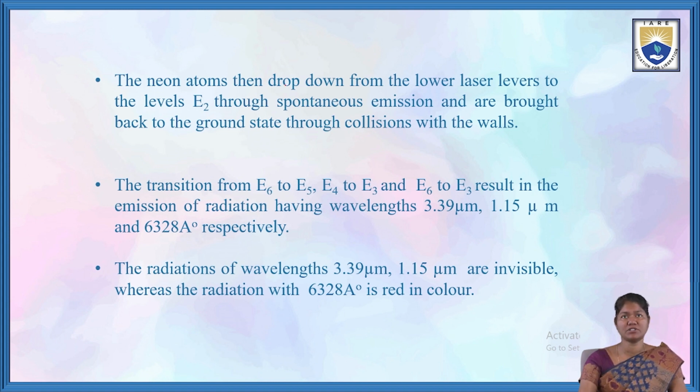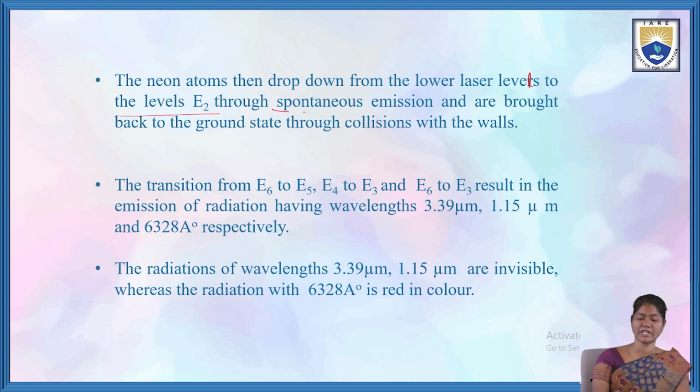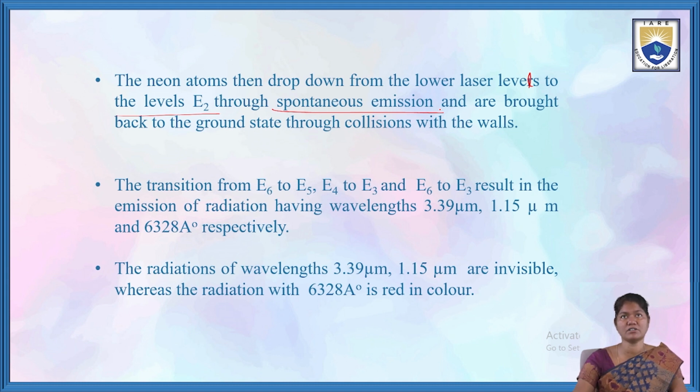The neon atoms then drop down from the lower laser levels to the level E2 through spontaneous emission and are brought back to the ground state through collisions with the walls.